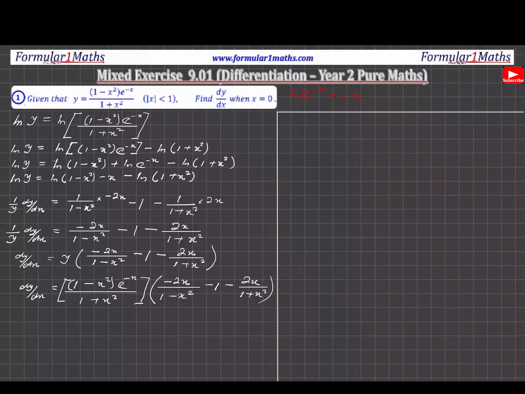So that's the differentiation required, but we're looking for the value of dy/dx when x is equal to 0.